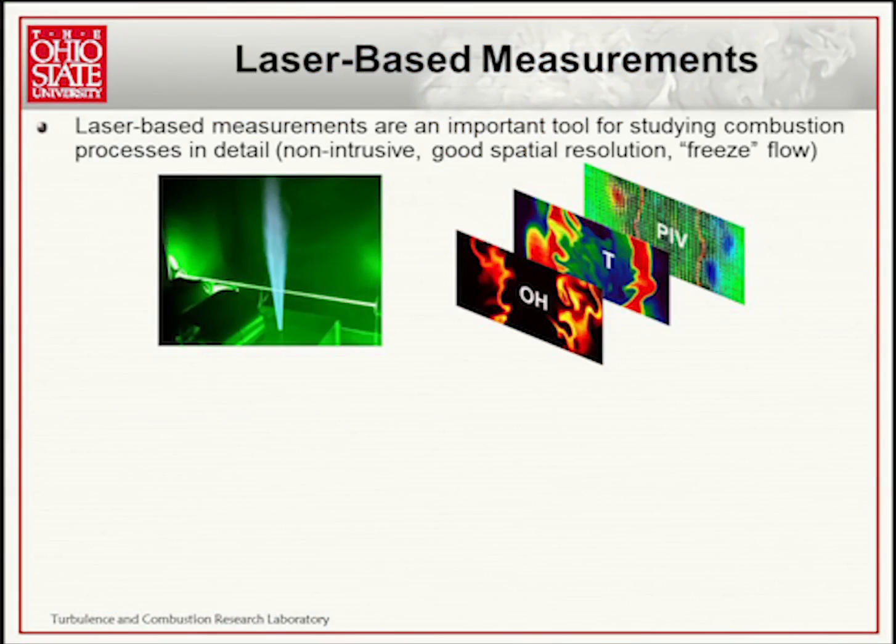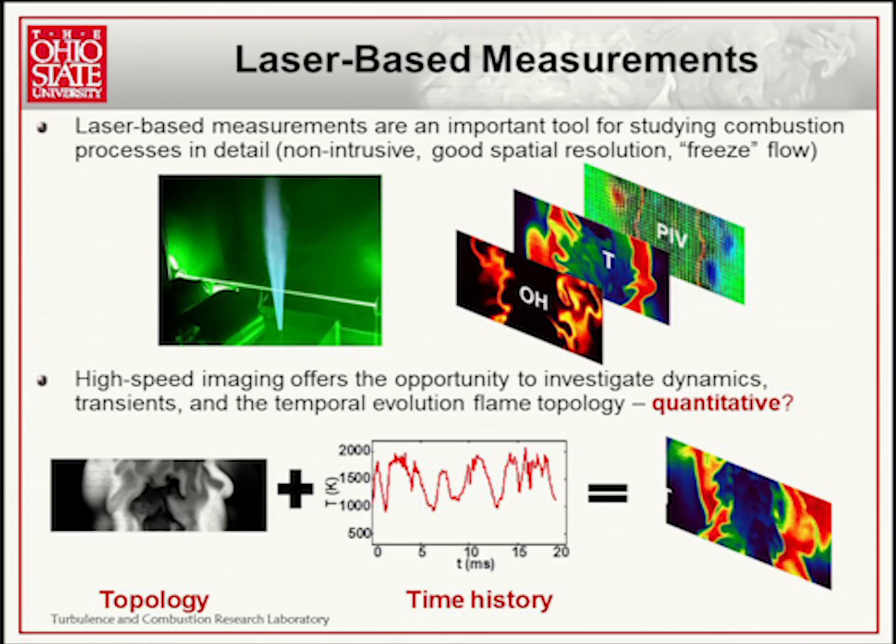The selling point, the tagline for laser measurements, is always that they're non-intrusive, they give you pretty good spatial resolution, i.e. at an atmosphere you can get the probe volume pretty small, and you can freeze the flow. So that's for 30 years what's been sold. And then over the last decade, where high-speed imaging has come online, we now say we have the opportunity to investigate dynamics, transients, and temporal evolution of the temporal topology of the flame.